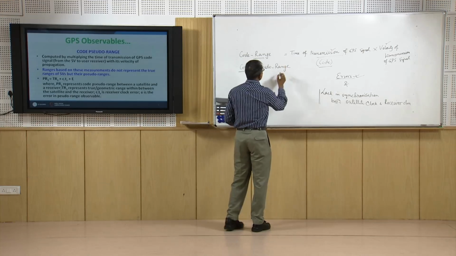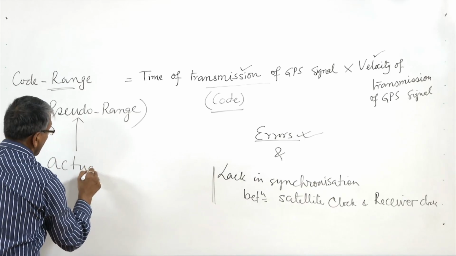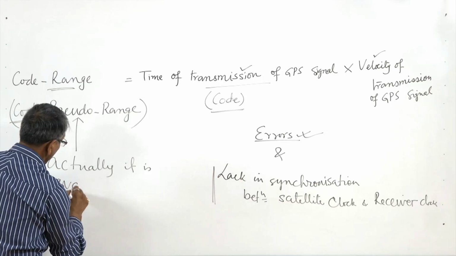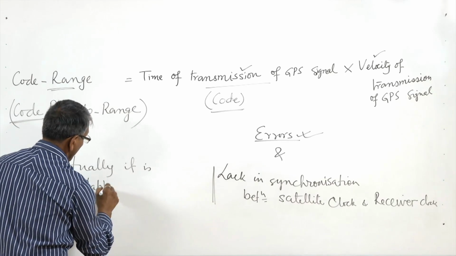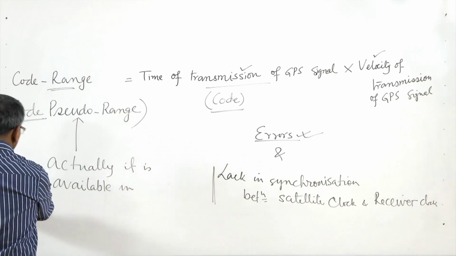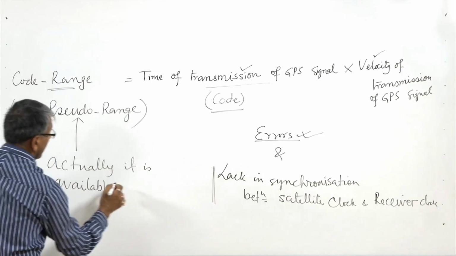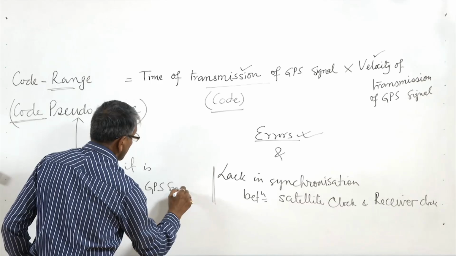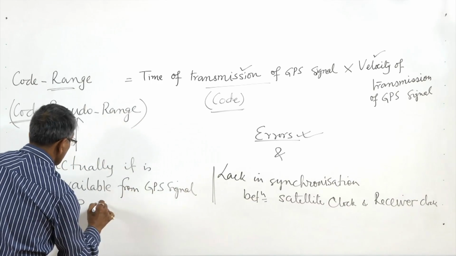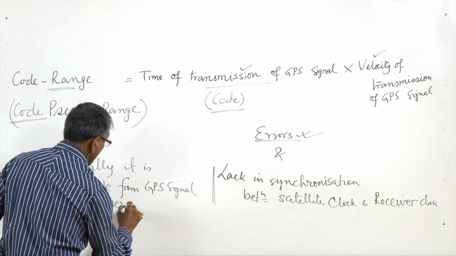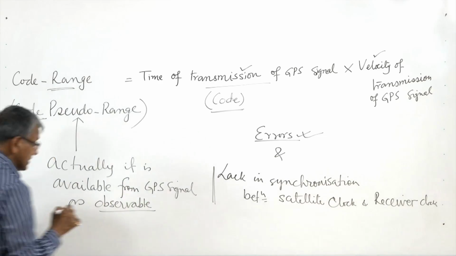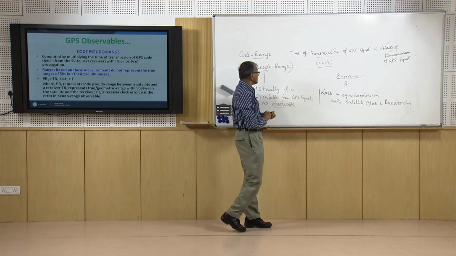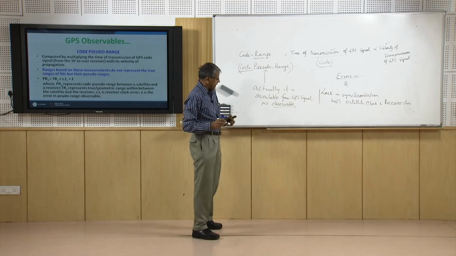So the code pseudo range is available to us from the GPS signal as an observable. Subsequently we need to process these observables to find the actual range.